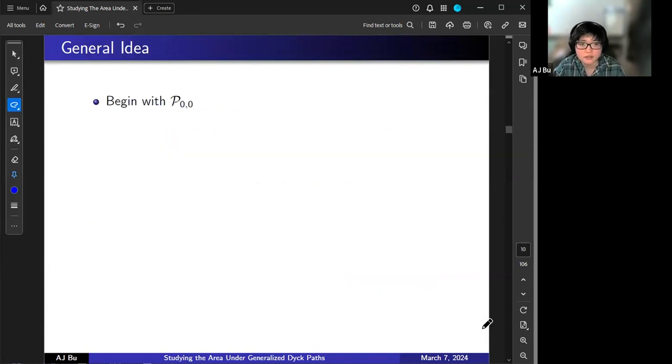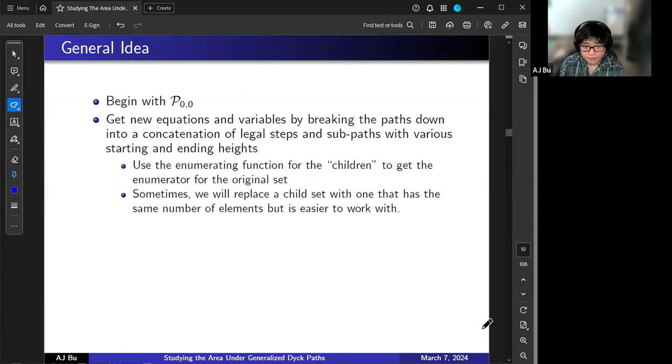Okay, so now that we have that notation, let's talk about how we're going to go about enumerating these paths. The general idea is we're going to begin with P sub 0,0, right? Because that's going to be the actual family that we want to find, because our paths should start and end at height 0. And then we're going to get some new equations and variables by breaking the paths down into a concatenation of legal steps and subpaths with various starting and ending heights. We're going to use the enumerating function for each of these children to get the enumerator for the original set.